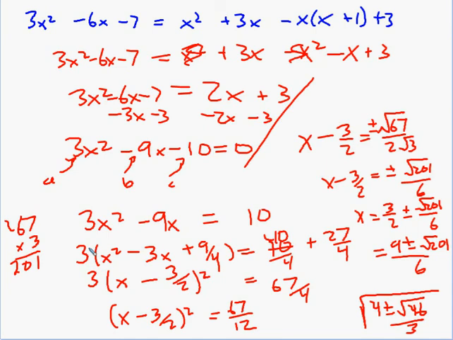Factored out a 3. And square that, so 9/4, so I added 9/4 here, but 3 times that amount, so plus 27/4. Get a common denominator, 67/4. Divide by 3.